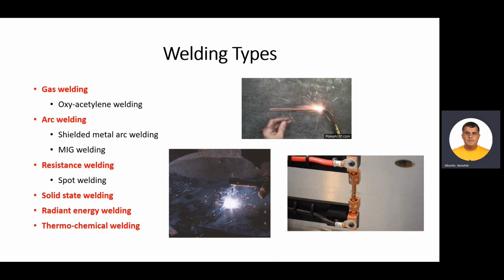We use here electricity, like shielded metal arc welding or MIG welding. We have resistance welding, which uses also electricity. And we have other types of welding, like solid state welding, radiant energy welding, thermochemical welding. In the workshop, we will do gas welding, arc welding, and spot welding.